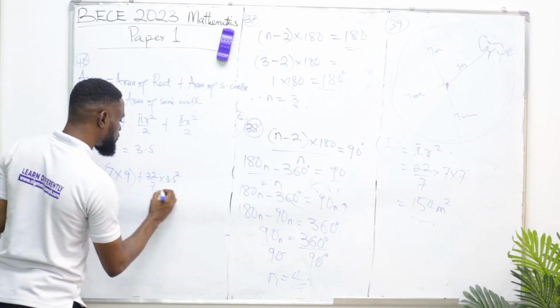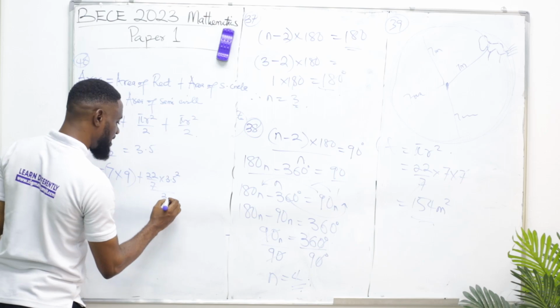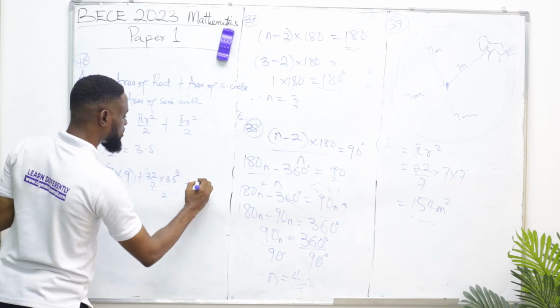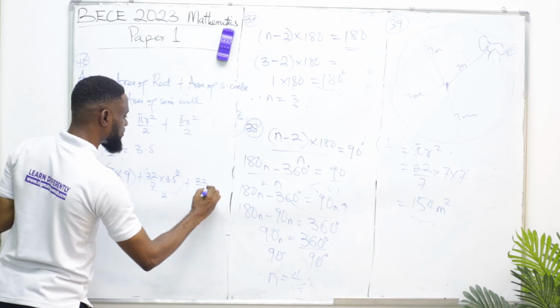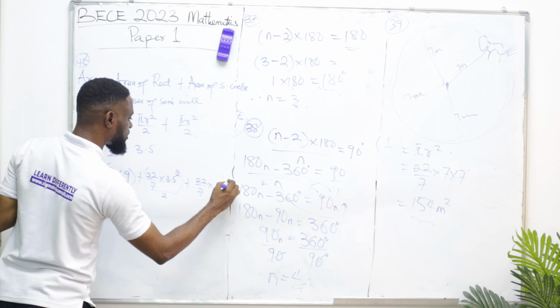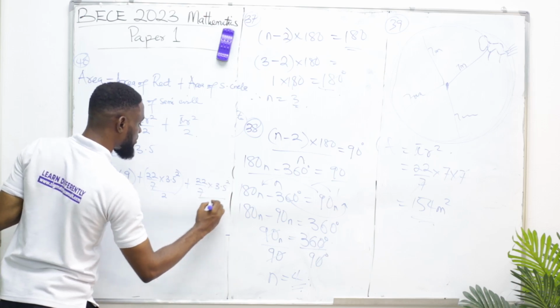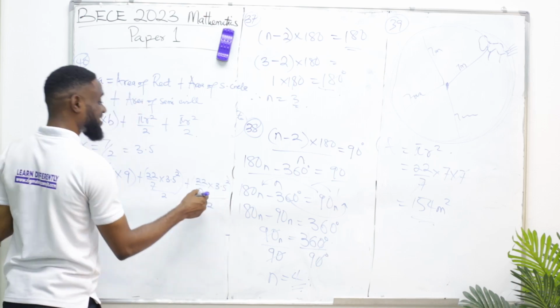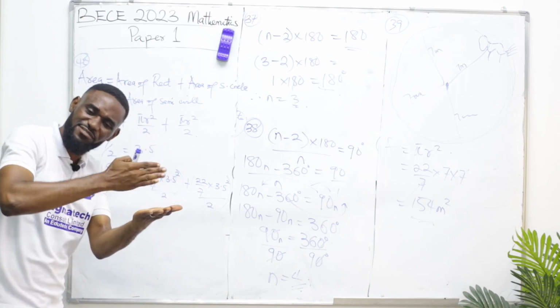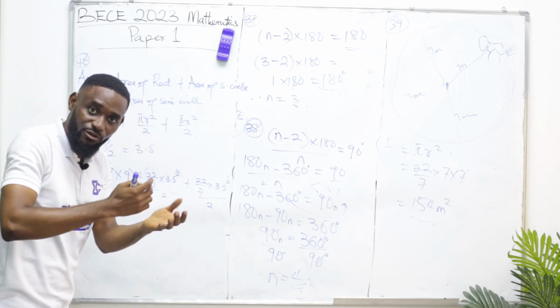All divided by 2, all right? Then plus 22 over 7 times 3.5 raised to power 2, all divided by 2. Because it is a semicircle. Why we are doing over 2 is because it is a semicircle, half a circle. Do you understand the point?